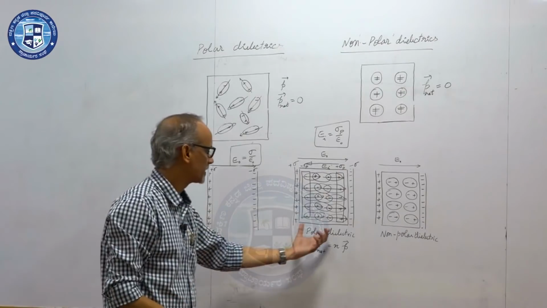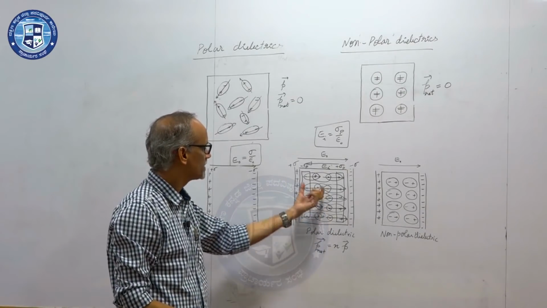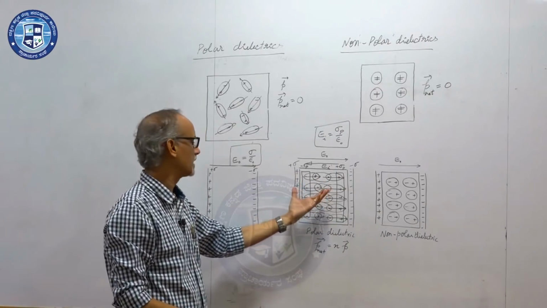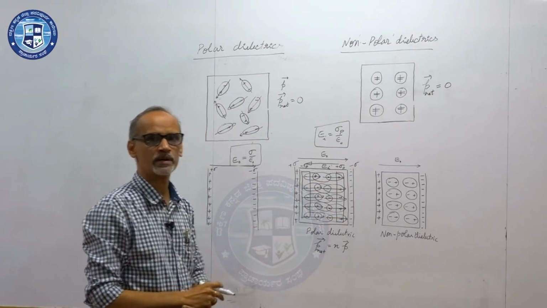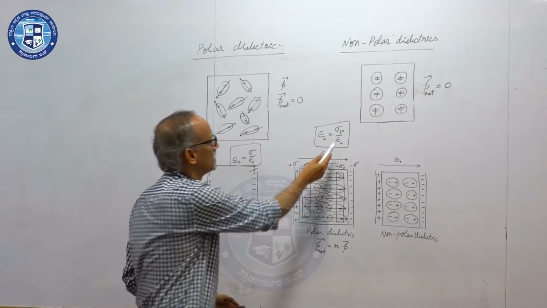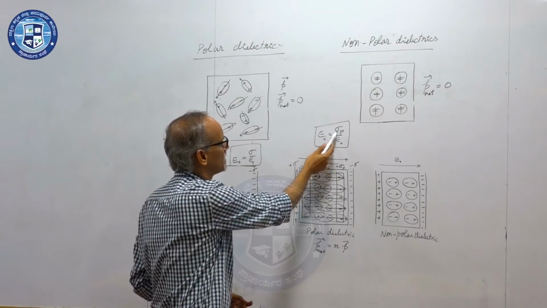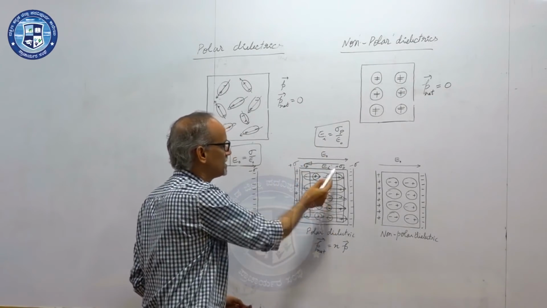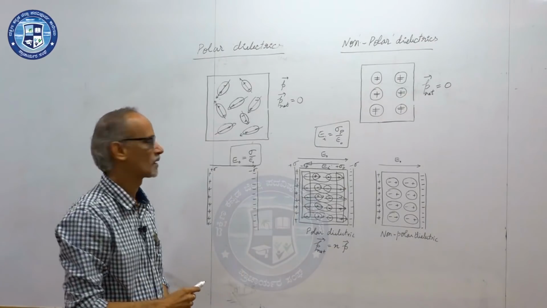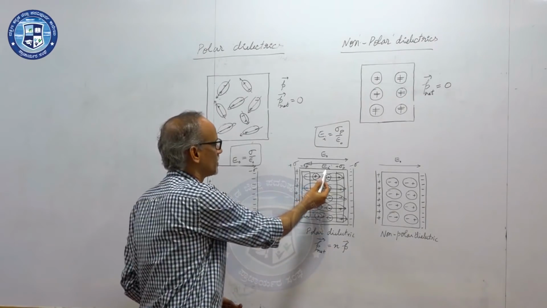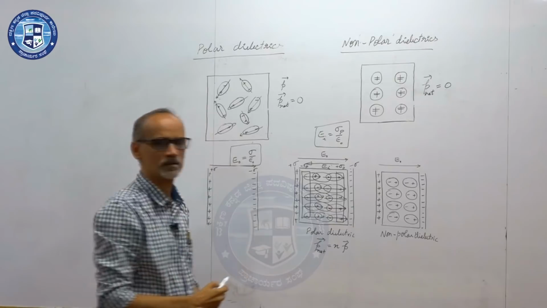When we place the dielectric and these dipoles get oriented, we say that the dielectric is polarized. So, sigma p is the surface density of the polarized charges, and the direction of the electric field is opposite to the applied electric field.